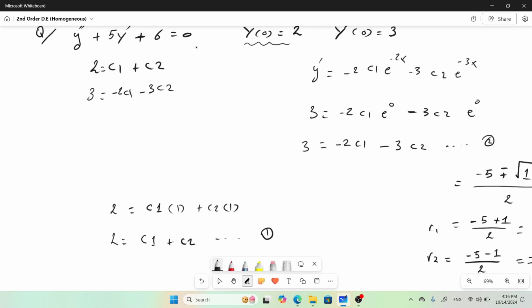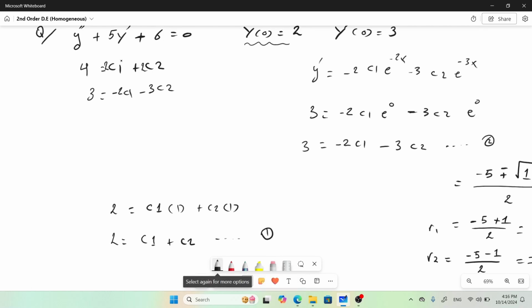Now we multiply the first one by 2, therefore we get 4 equal to 2 c2 plus 2 c1, and now we use the elimination method.